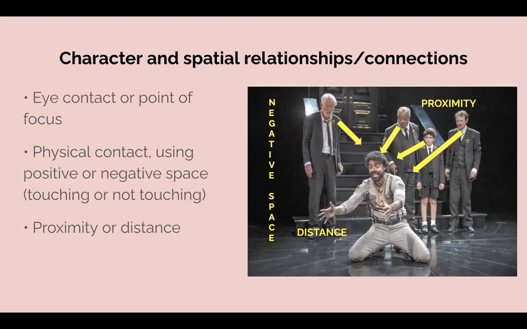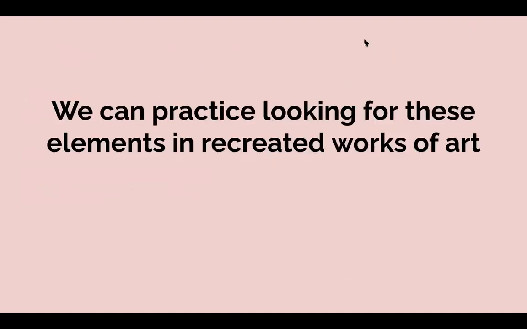If so, there's going to be very little negative space. But if I am back like this, there is a ton of negative space around me. So that's just a very, very basic run through on some of the elements of tableau. So as I said, we can actually practice looking for these elements in recreated works of art.